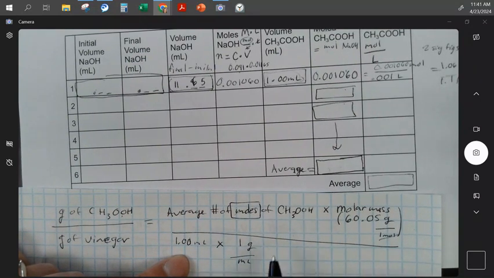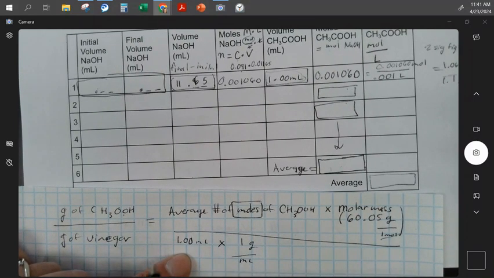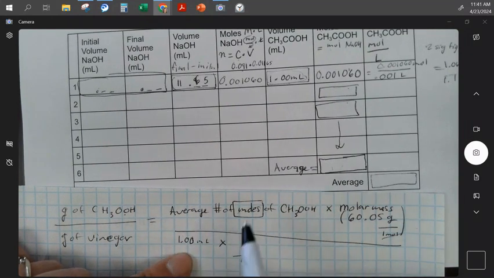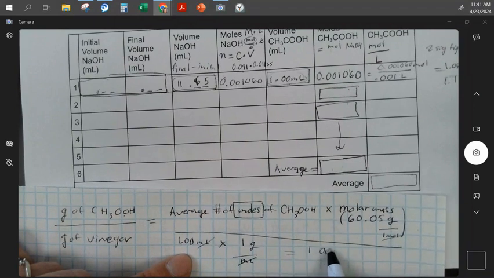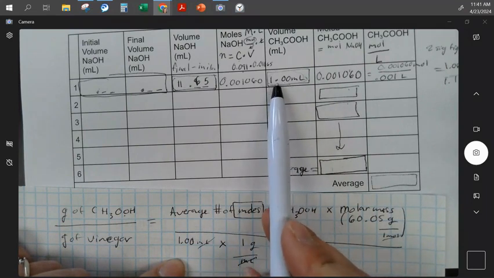All this is doing is converting to mass. If I have the volume and I need to get to the mass, I can multiply by the density. And if your volume here was 2, then you should use 2. If it was something else, then you should use that something else.